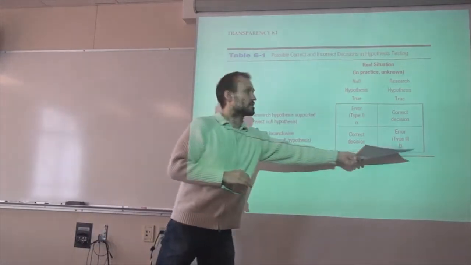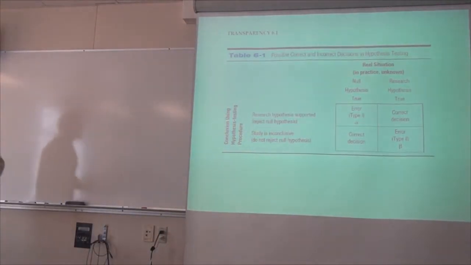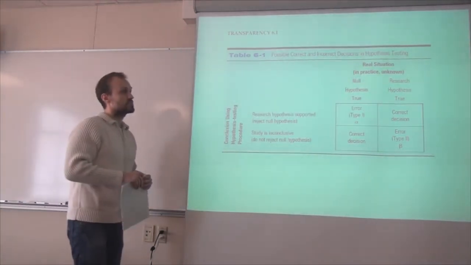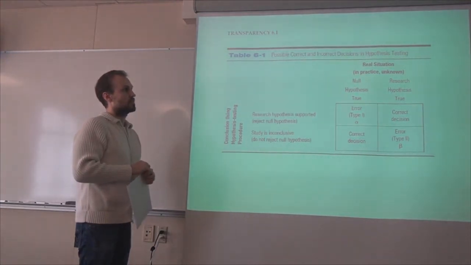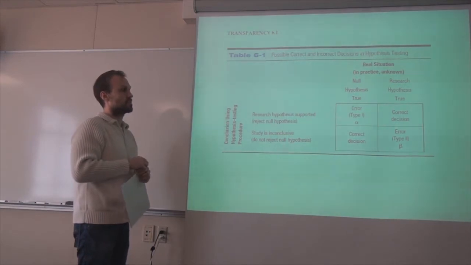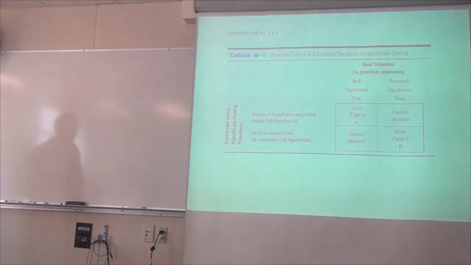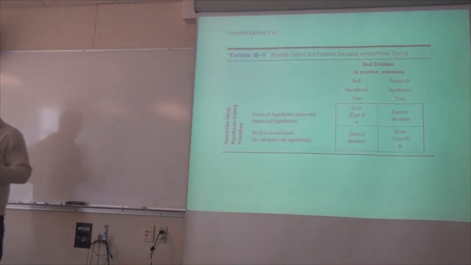And beta is going to be the probability of the type 2 error: the probability that if the research hypothesis is true, what are my chances of not going with it, not rejecting the null hypothesis, making the wrong decision there? Those probabilities are not necessarily the same. Type 1 error, type 2 error.